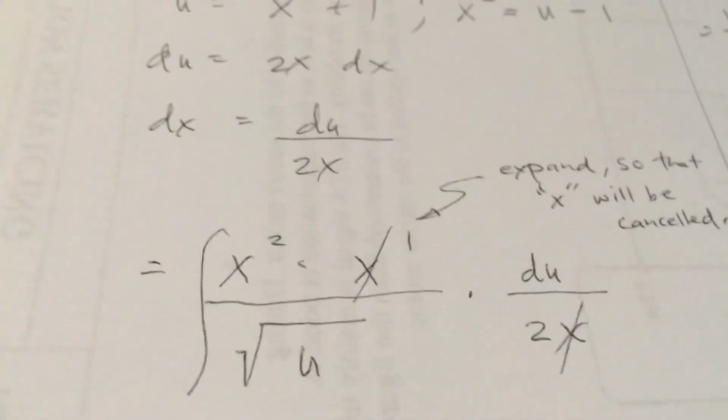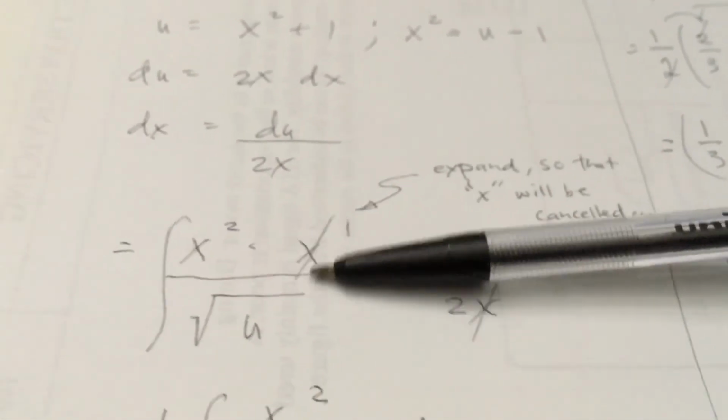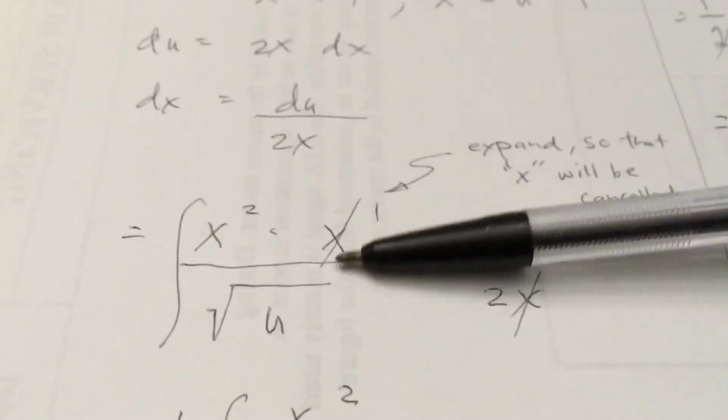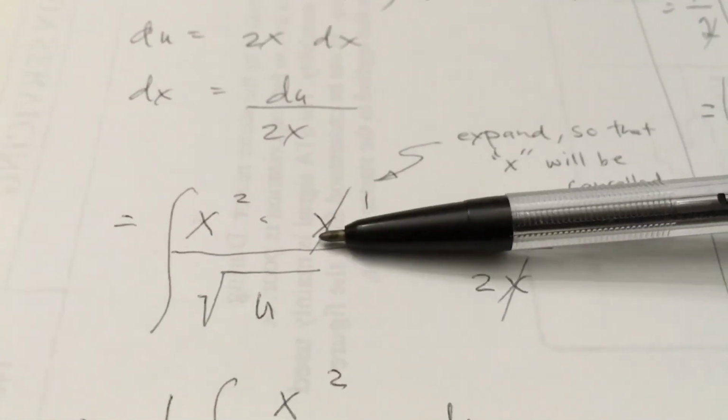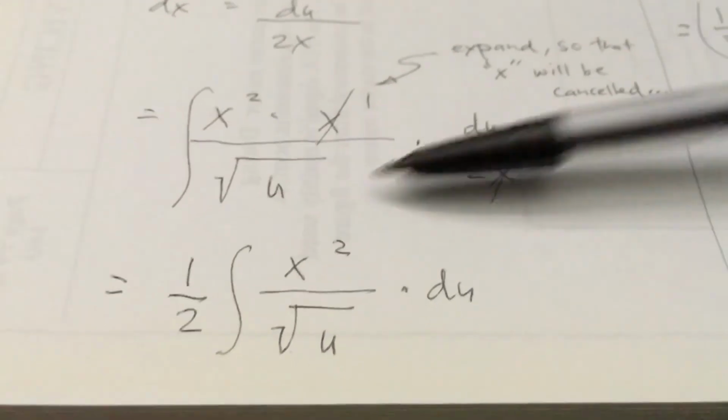And the next step will be to substitute the dx to this expression. That will cancel the x, so a 1/2 will remain.